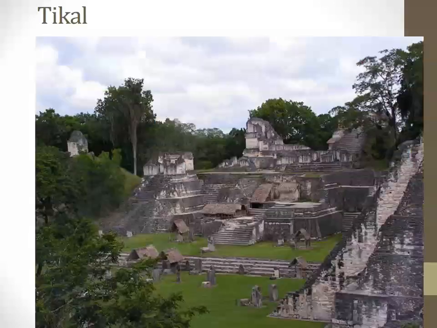Here's another view from Tikal. You can see the scope of this ancient site of civilization. This site, of course, would have been swallowed by the jungle at one time, and only discovered in the last century, as it had to be unearthed from the jungle. Interestingly, we still are discovering new areas in Mesoamerica.